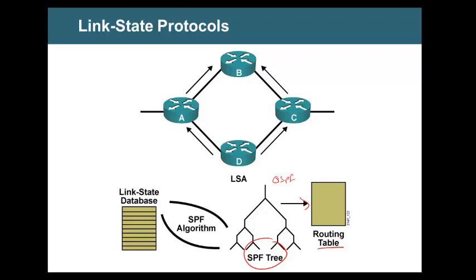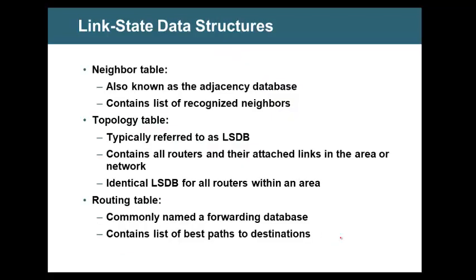And we have the topology table, which is called the link-state database. We have the neighbor table, the list of neighbors, router IDs, with whom the adjacency is successful, which will be seen in the neighbor table. As we already discussed, the routing table will have the best route to various destinations.